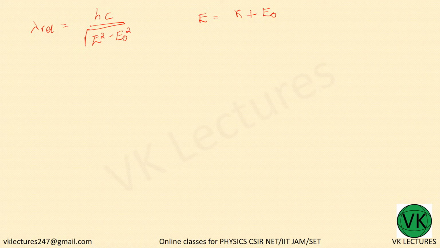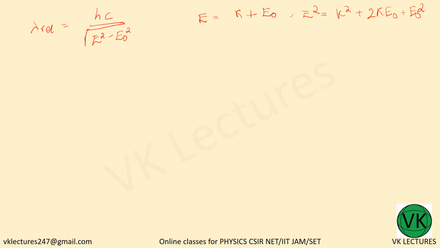Then the square of the total energy: E square is equal to K square plus 2K E naught plus E naught square.